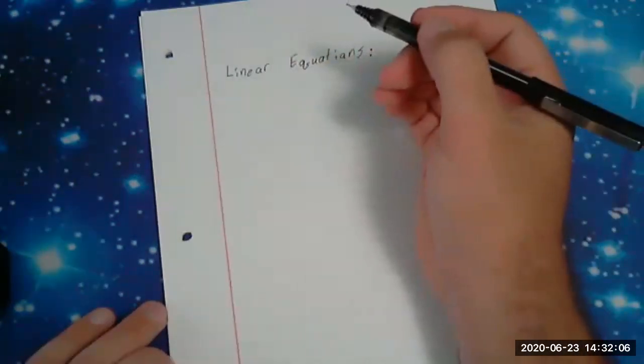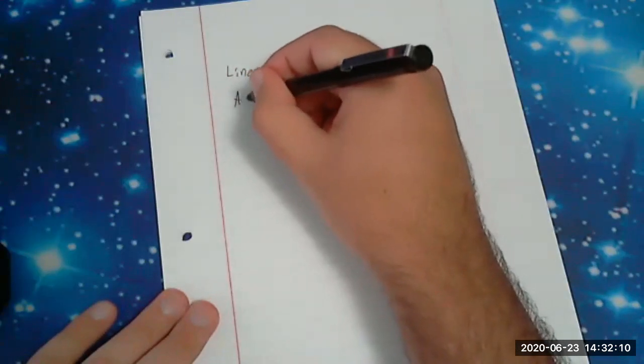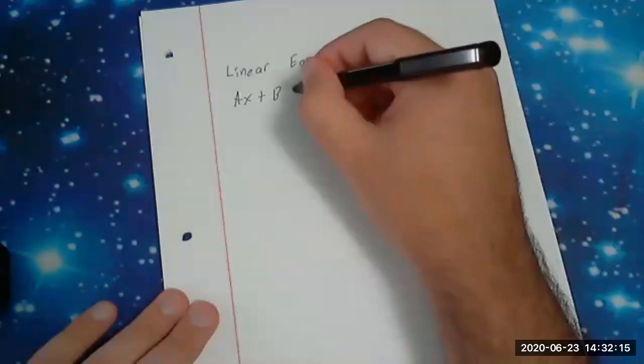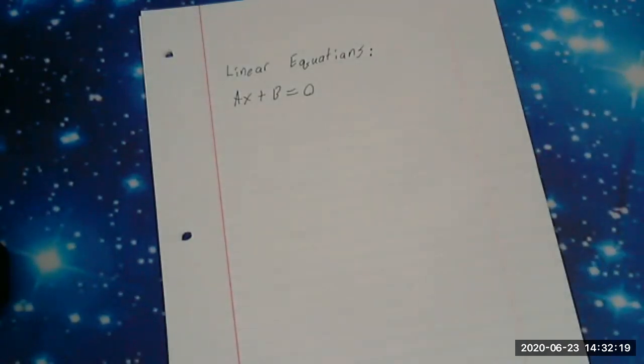And the general form looks something like this: ax plus b. So all linear equations can be simplified to look something like this. They may not always look like this.